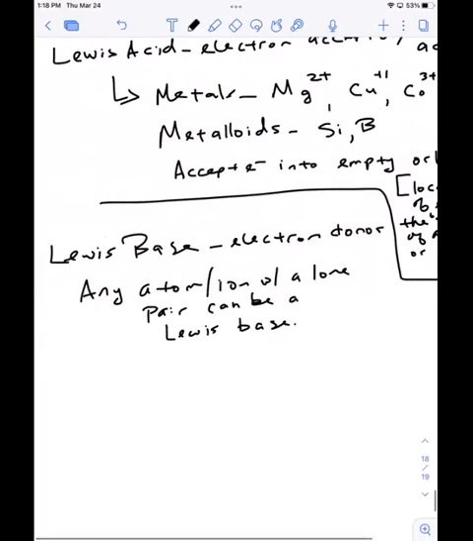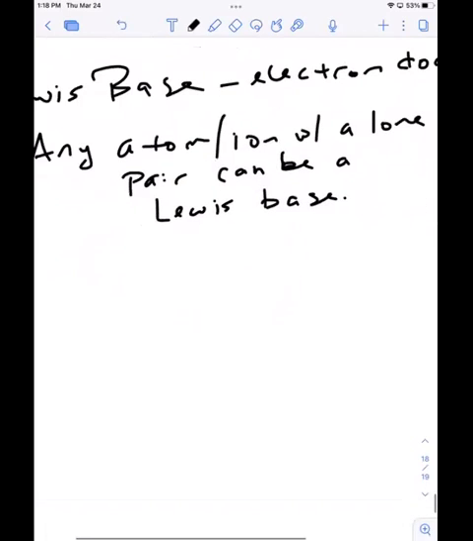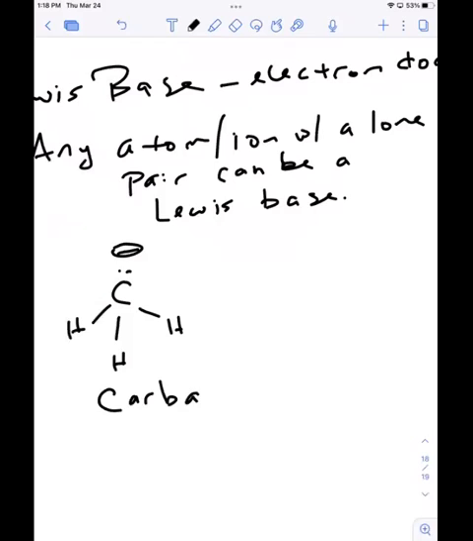This is a different concept of acids and bases. We're not going to spend a lot of time here, but I just wanted to introduce you to it because you're going to see it again. An example of a Lewis base, a couple of examples: if I have something like this with a negatively charged carbon, I have a carbanion.